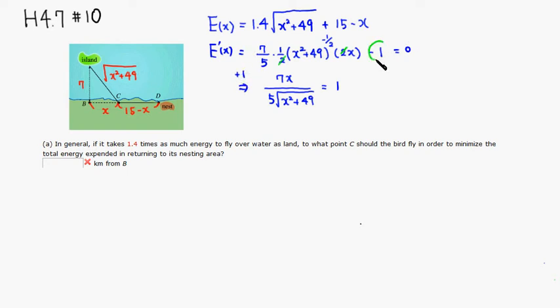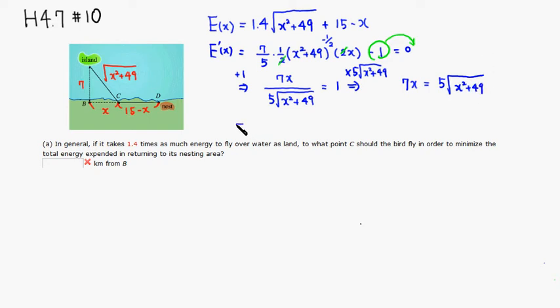Since I don't like fractions, I'm going to multiply both sides by the denominator, 5 square root of x squared plus 49. And so this gives us 7x is equal to 5 square root of x squared plus 49.